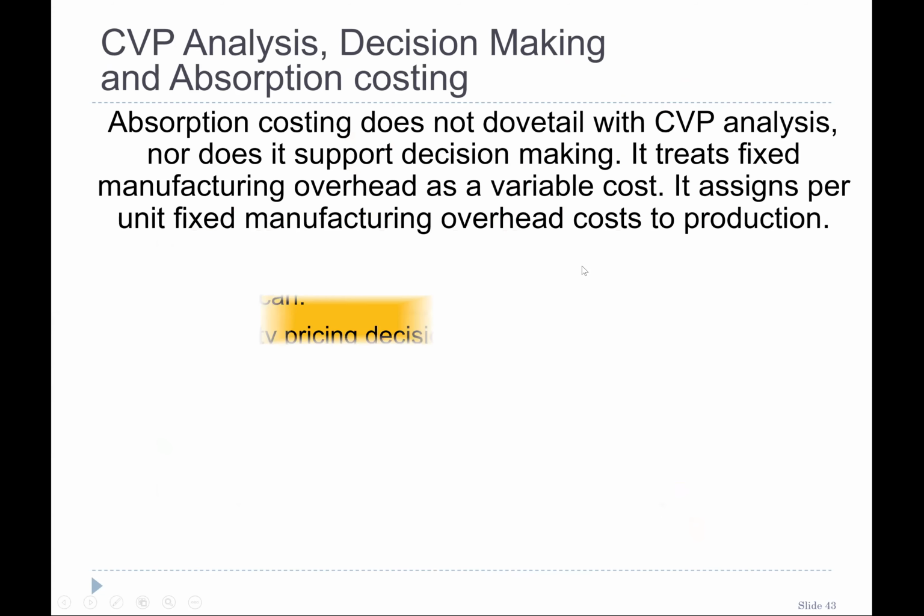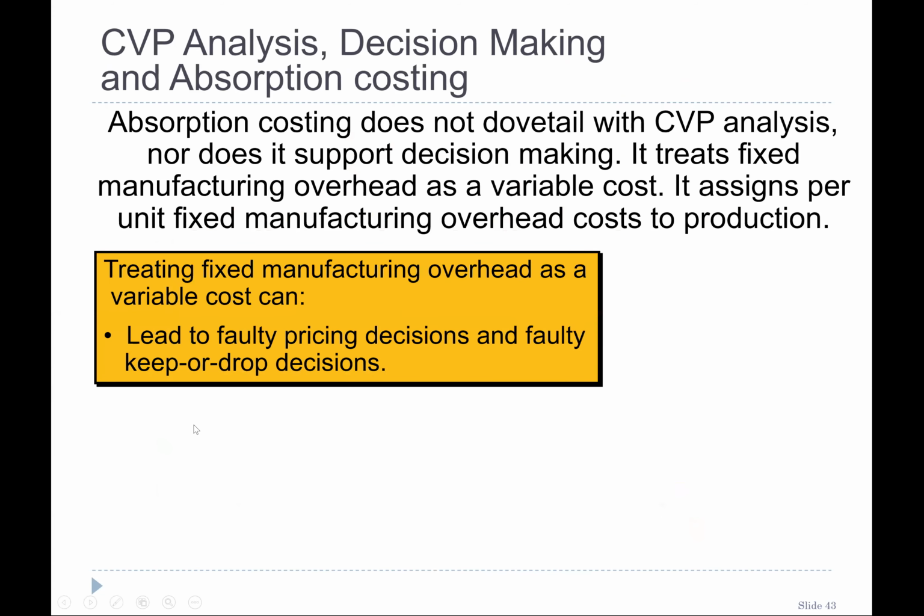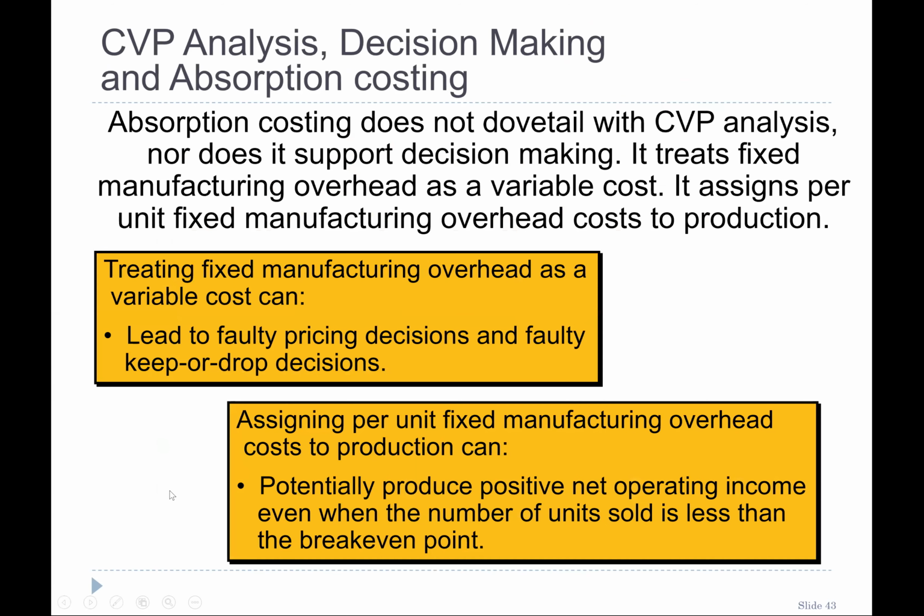Plus, if we are talking about the nature of absorption costing, it does not dovetail or cannot be useful with CVP analysis, right? So neither does it support decision making because everything is a whole figure, not variable or fixed, right?